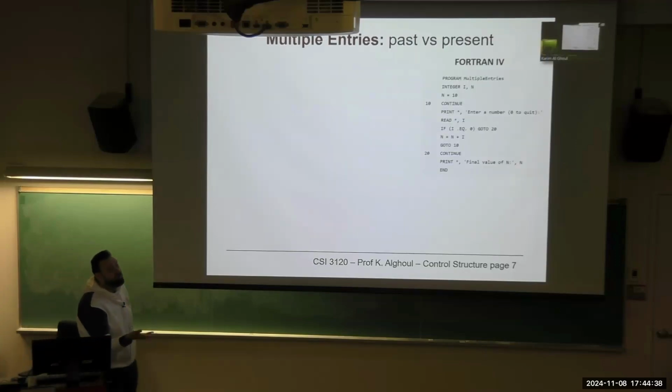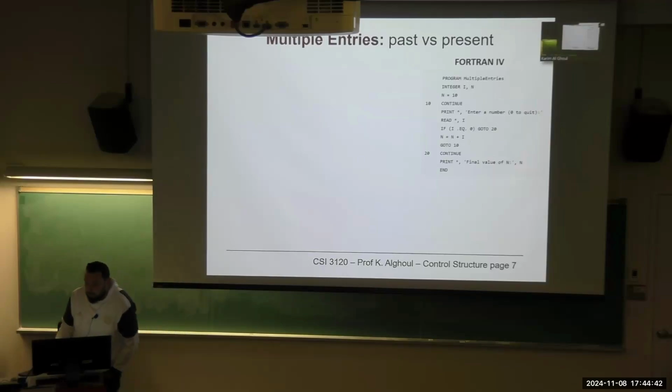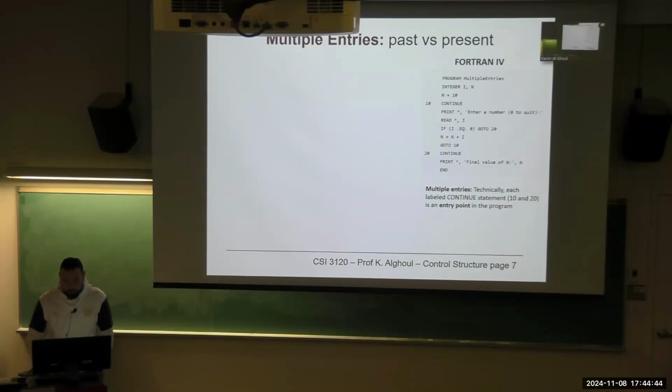Now, again, we're going to go back to Fortran. For example, if you look here, I don't understand Fortran, but if you check the goto here, there is goto 20 and then there is goto 10. So both of these gotos are considered an entry point. So inside this, we can actually have multiple entry points.